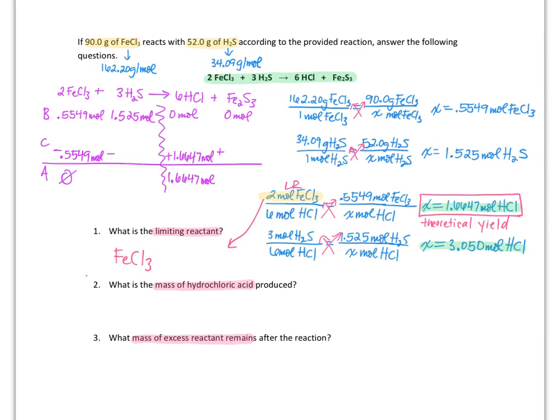So I'm going to use my limiting reactant to find those 2 remaining proportions. So 2 moles of FeCl3 for 3 moles of H2S. Again, we're going to use 0.5549 moles of H2S. Or, that's not H2S, is it?